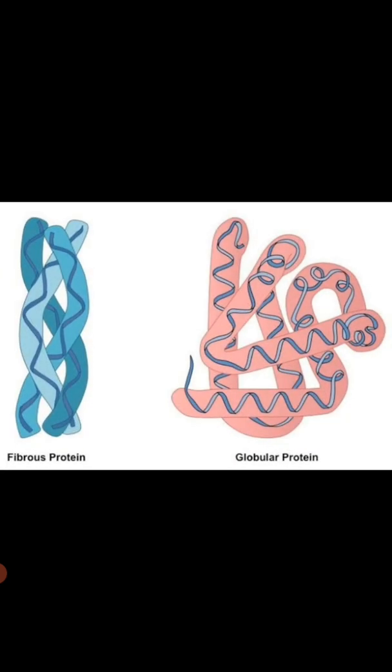Then the fibrous proteins, they do not possess any biological activity, whereas the globular proteins, they possess biological activity. Then the examples of fibrous proteins, that is myosin, keratin, fibrin and collagen. Whereas the example of globular proteins are insulin, thyroglobulin, hemoglobin and albumin.